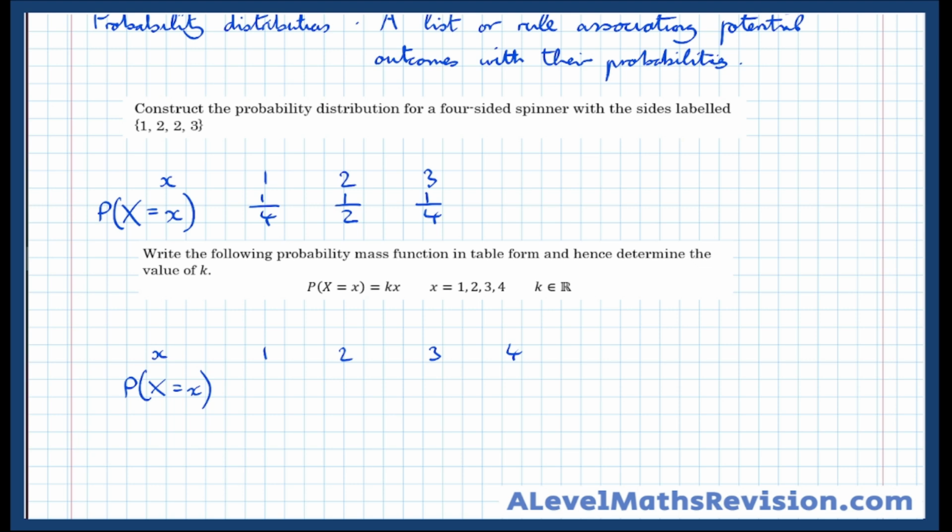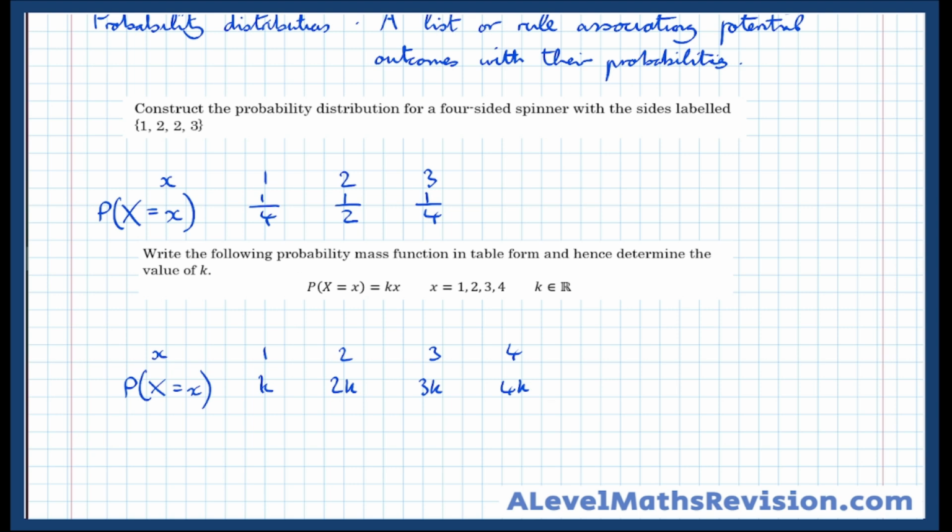So k times 1 is just k. K times 2 is 2k. K times 3 is 3k. And k times 4 is 4k. So there we've done it. We've put the probability mass function in table form. And hence determine the value of k.